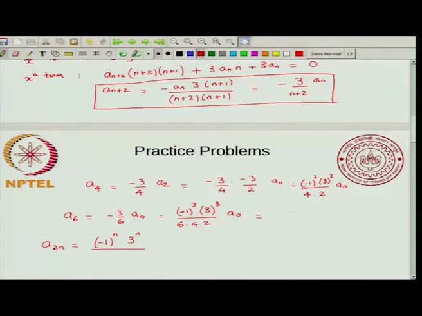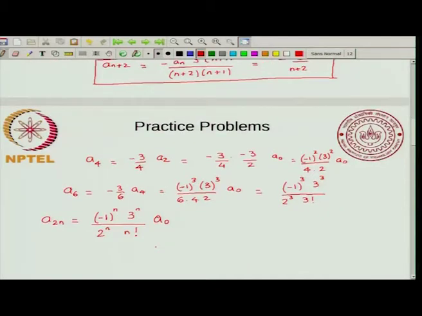Taking 2 cube into 3 factorial, I have 1 into 2 into 3 into 2 into 2 into 2, so 2 cube into 3 factorial. So I can write this as 2 raised to n times n factorial, times a0. So I can write my a2n in this form.